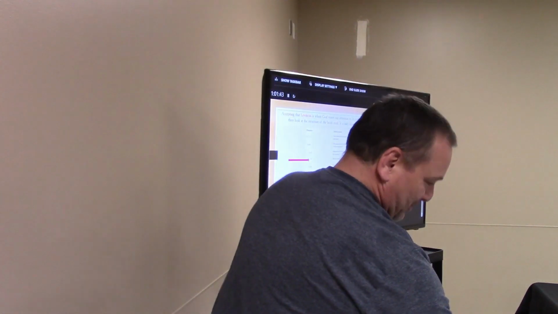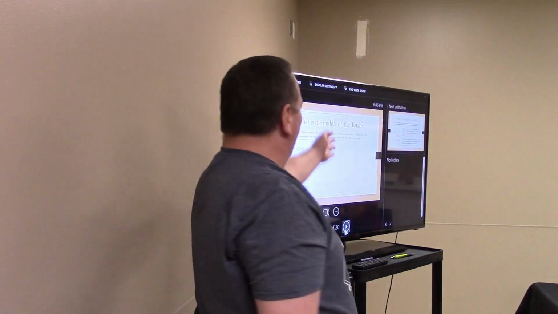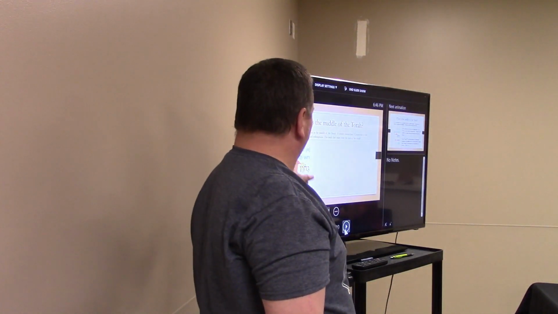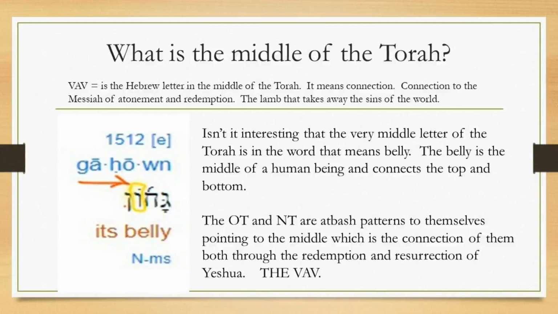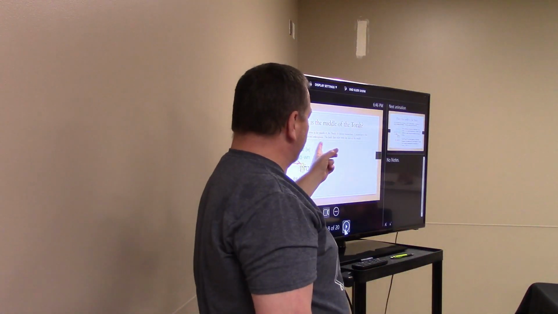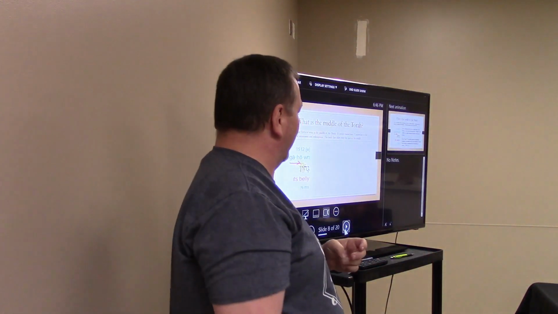But wait, there's more. What's in the middle of the Torah? What's the dead smack center of the Torah? Here it is. The Vav is in the dead smack center. Vav is the Hebrew letter in the middle of the Torah. It means connection, a connection to the Messiah for the atonement and redemption, the Lamb that takes away the sins of the world.